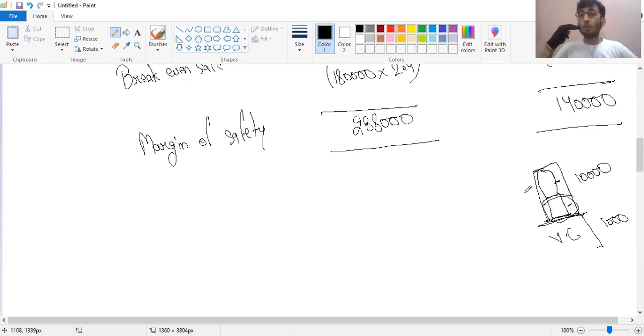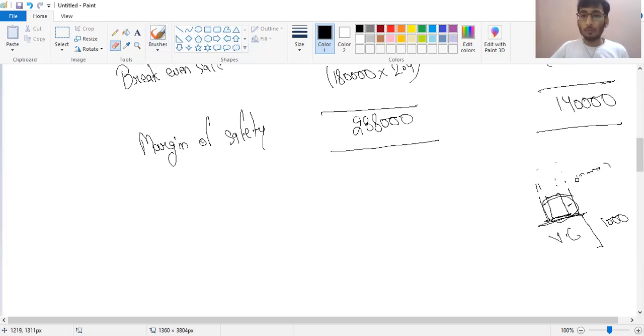But if we go beyond break even point, only variable costs keep on occurring further, because variable costs change with the changing units. The more we sell, the more we will incur the variable cost, correct. But fixed cost do not perform like that. Fixed cost is fixed, it does not change with the changing units, correct.